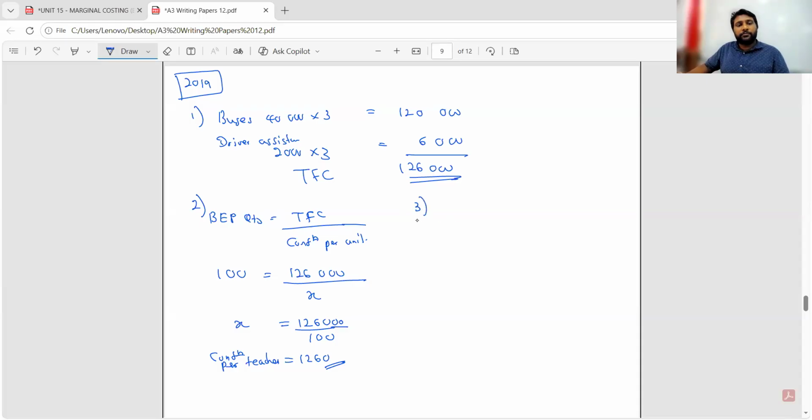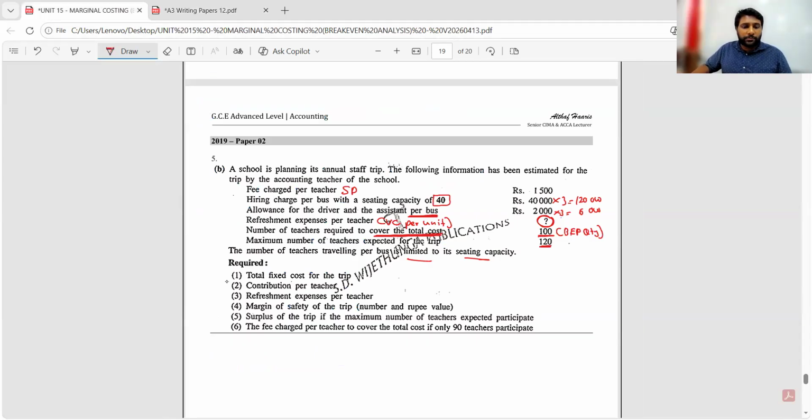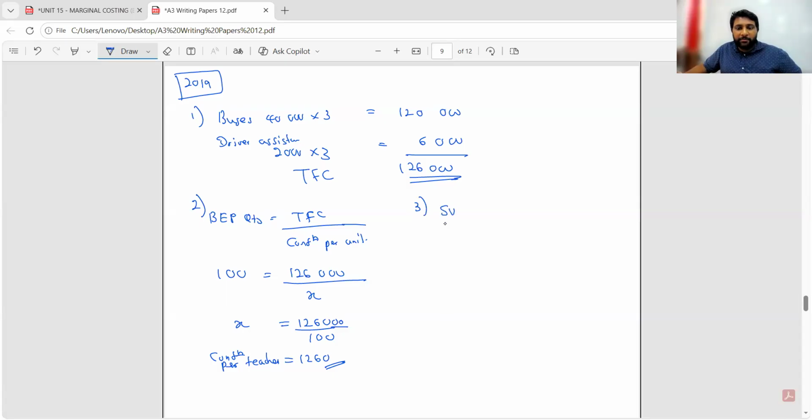Third one. What is the refreshment expense, children? What is that? Variable cost per unit. Tell me. Selling price per unit minus the variable cost per unit gives contribution per unit. So contribution per unit we found: 1,260.